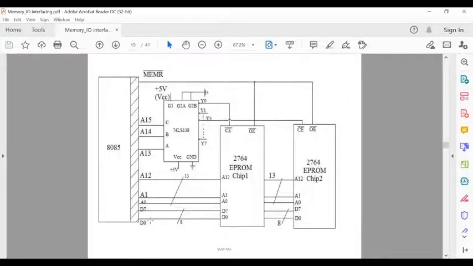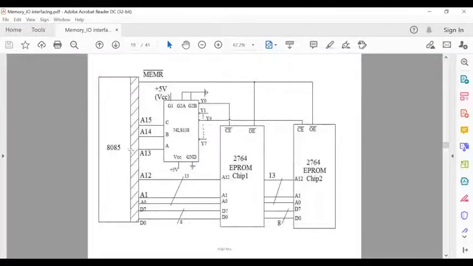All of these have 8-bit data lines, and the address bus is over here, where 13 address lines are required to connect all of these components.